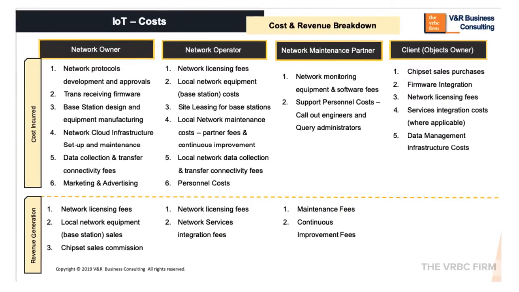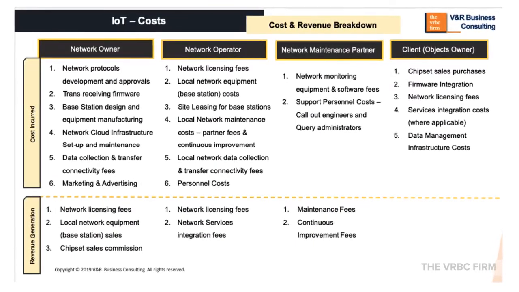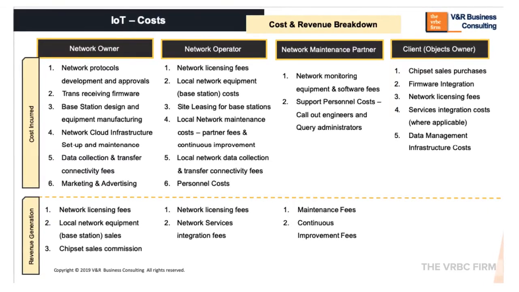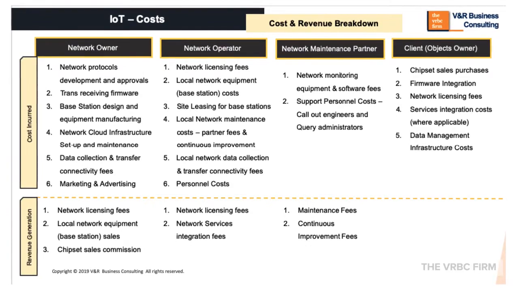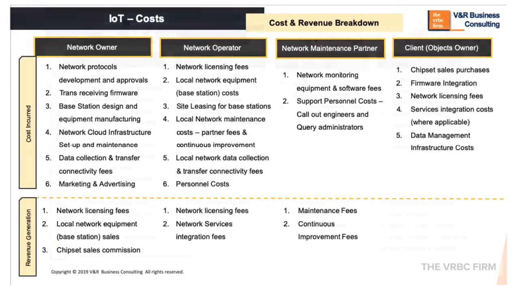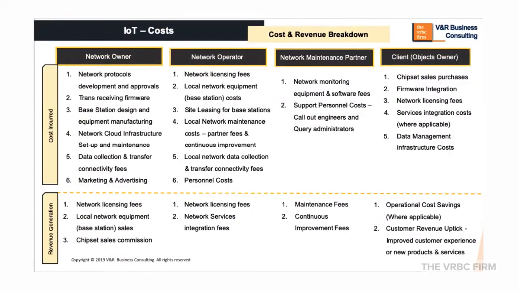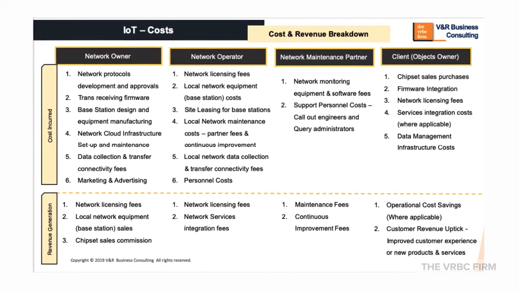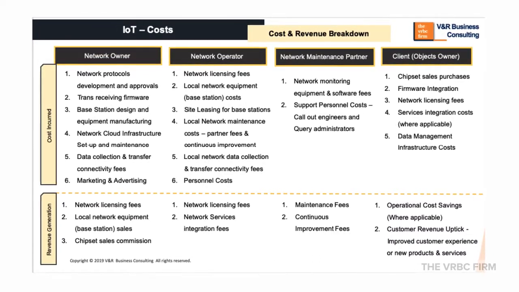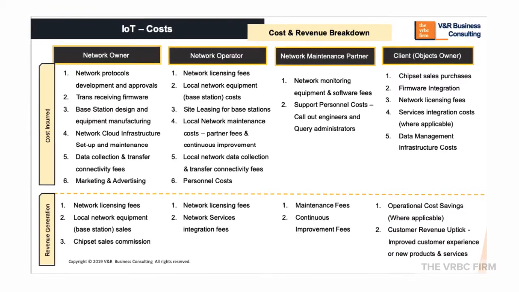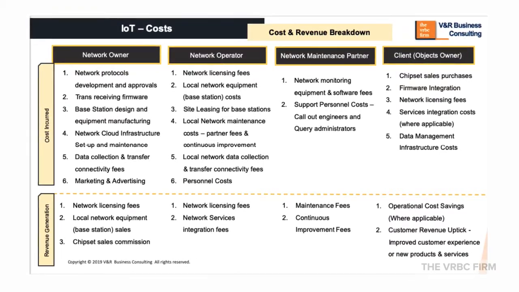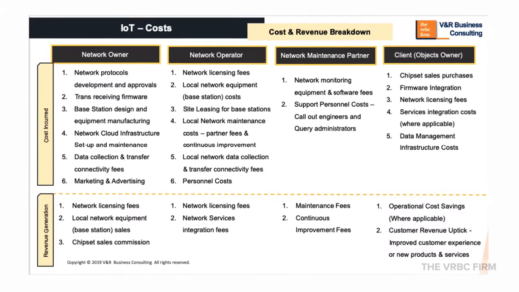This refers to gap filling, faulty transmitter replacement, and such. The customer's need to connect objects to the network is usually driven by the need to either reduce operational costs related to support or device continuous improvement, or the search for new revenue opportunities such as data monetization.